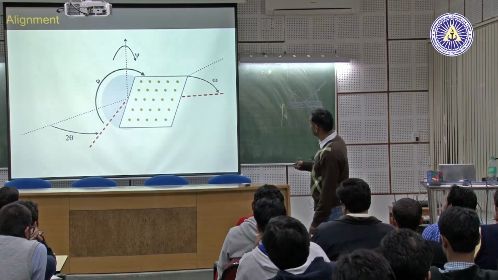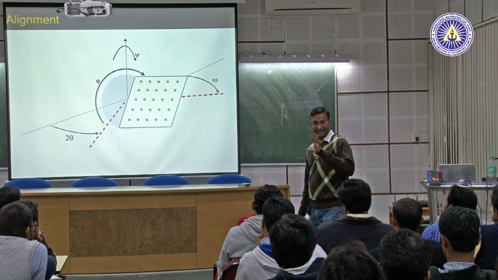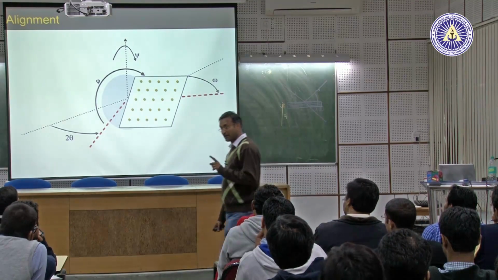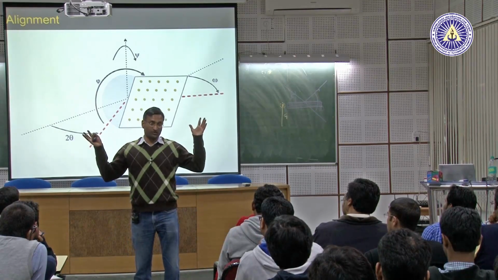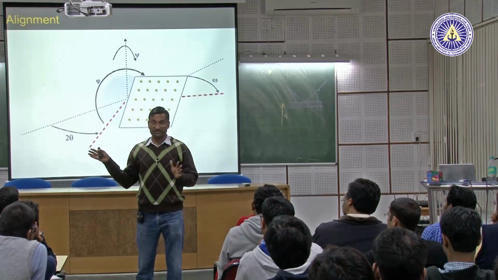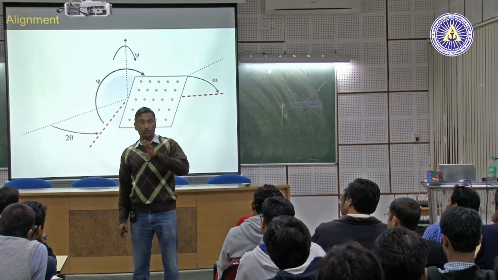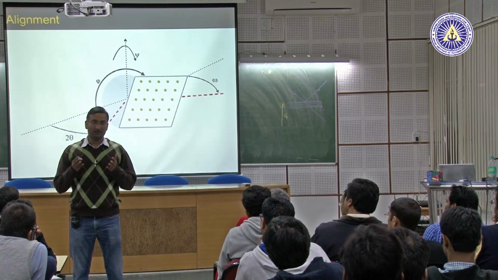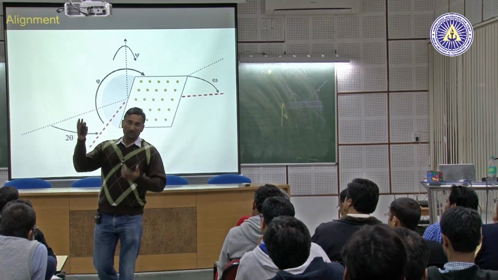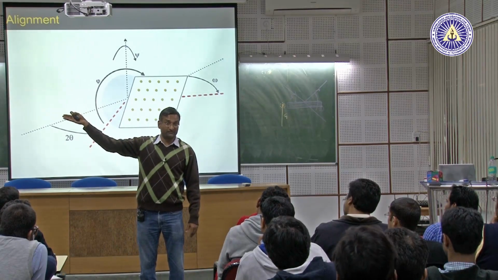So, the problem lies in this: suppose the peak that you want to investigate, remember there are difficult samples which don't have diffraction spots in large numbers. Many samples give you diffraction spots only in small numbers, and the situation is complicated by the fact that you are looking at the reflection mode. So on one hand you are limited by the radius of the Ewald sphere, which is the limiting sphere.